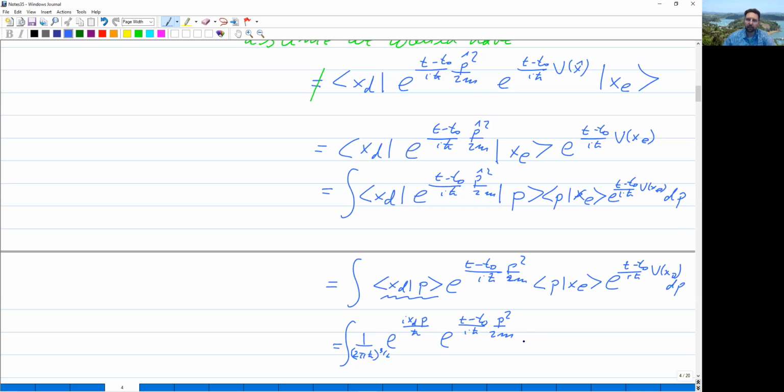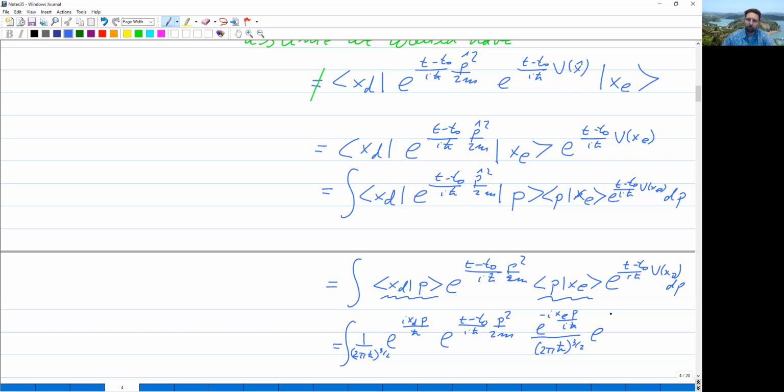And then this is again a factor of this kind here. We have e to the power of minus i x e p divided by i h bar. And then here we have 2 pi h bar to the power 3/2 from here.